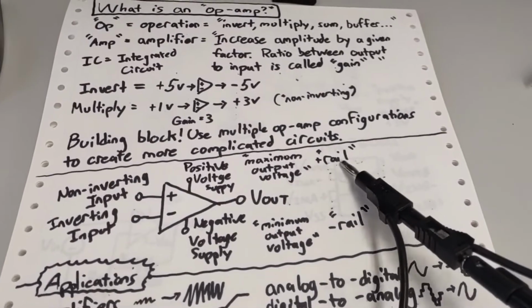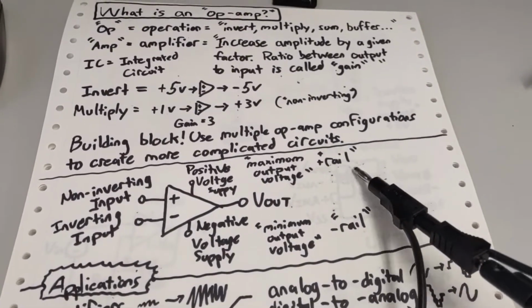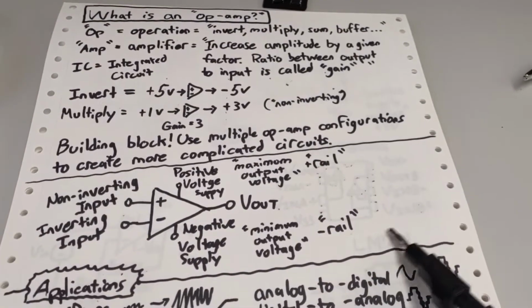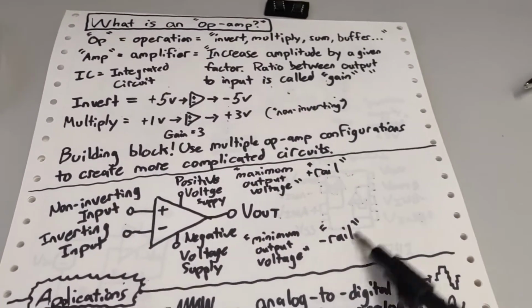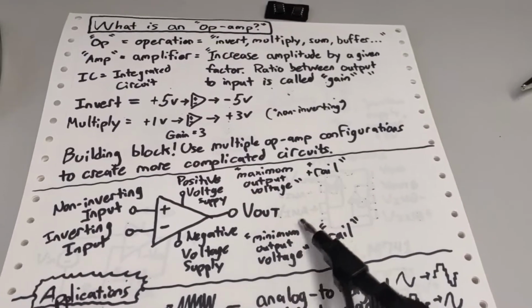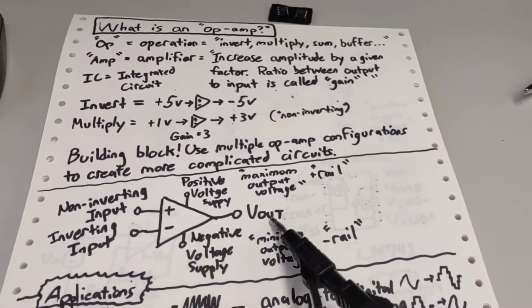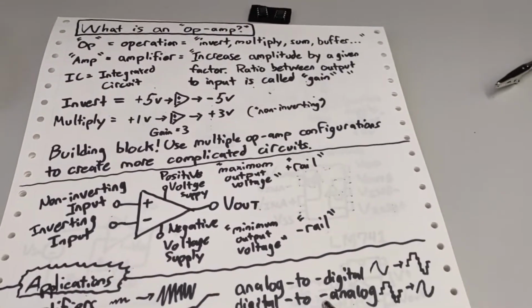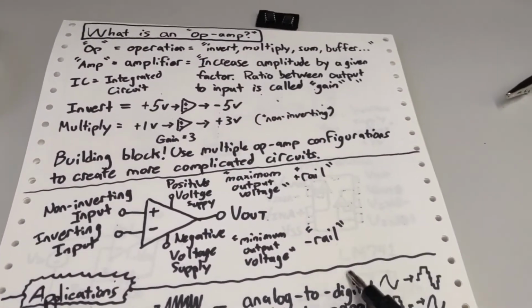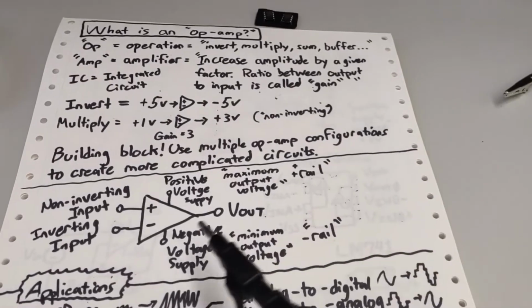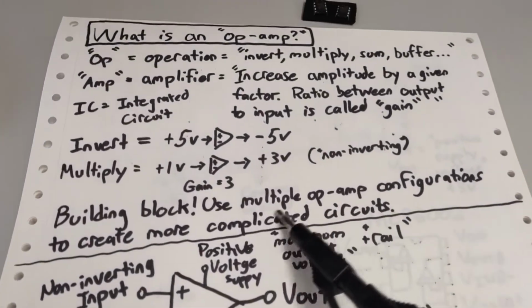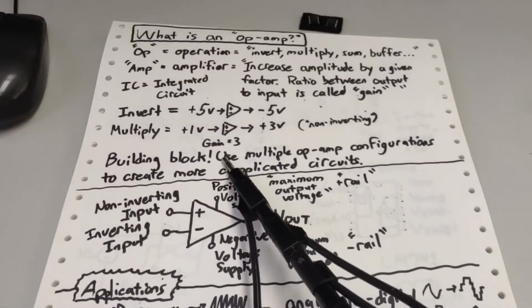So if I had a positive rail, is another terminology, of 5 volts, and a negative rail of negative 5 volts, that means that the maximum output signal I could create using this amplifier circuit can only go up to 5 and down to negative 5 volts. So you can get a maximum of like a 10 volt peak-to-peak signal output of your op-amp, even though your gain is 400.